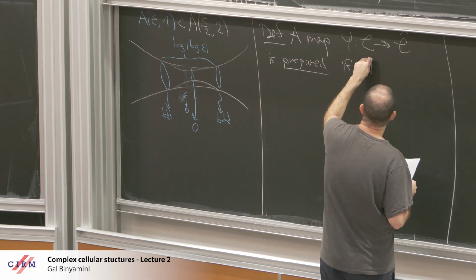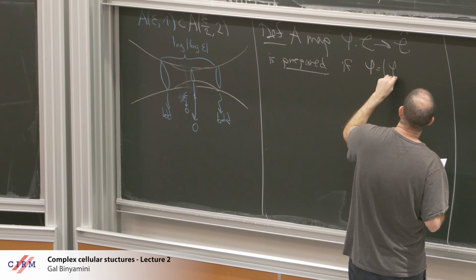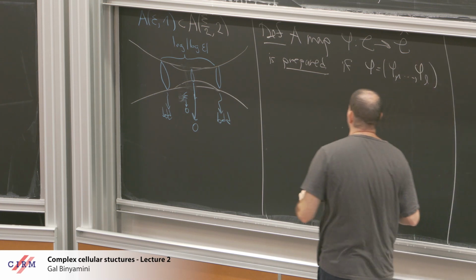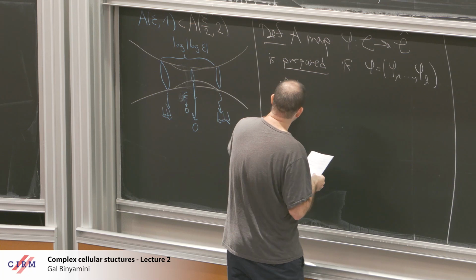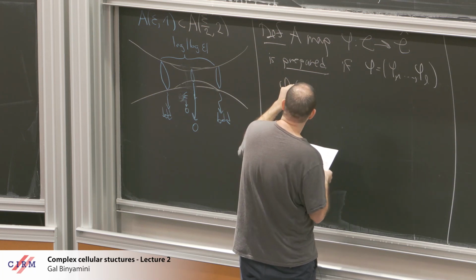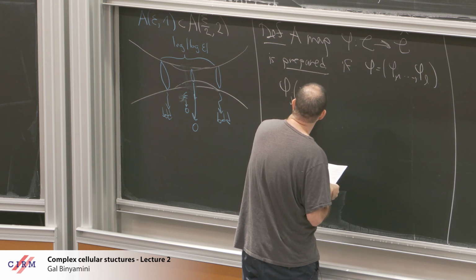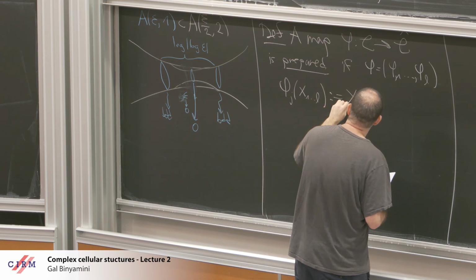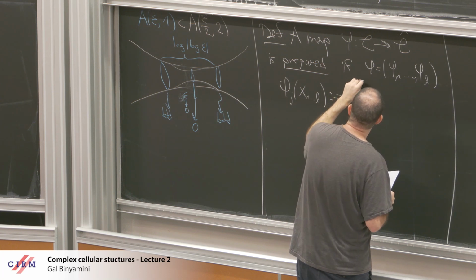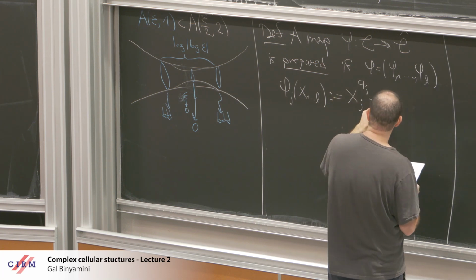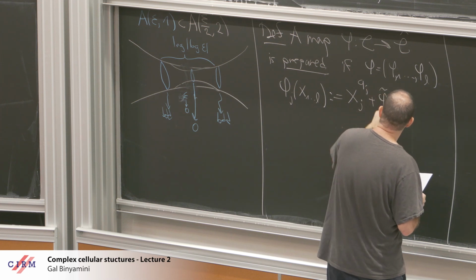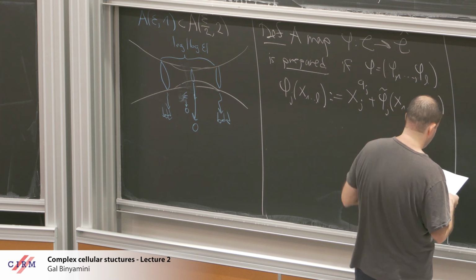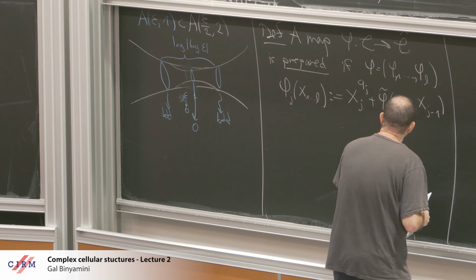I'll denote the coordinates: phi will be phi 1 up to phi L. These are just the coordinates, and every coordinate takes the following form: phi j of x1 up to xl is x j to some power q j, plus some function of the previous coordinates, x1 up to x j minus 1. And these should be holomorphic and bounded.